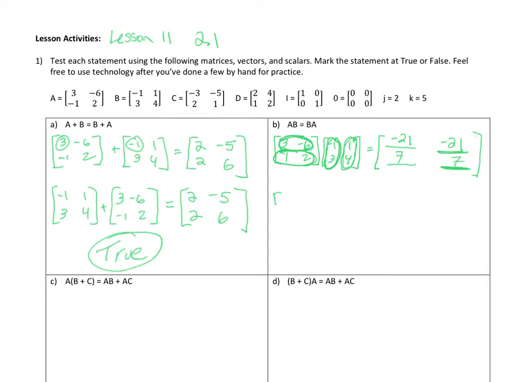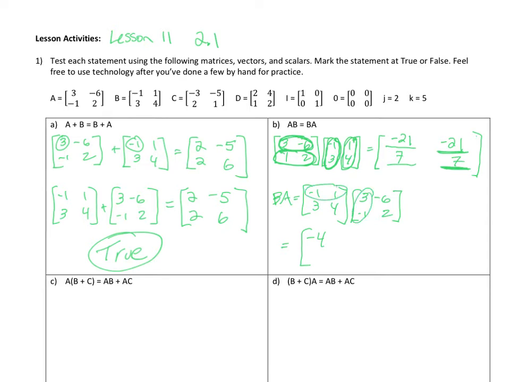Now we're going to do B times A. I'll do it a little bit faster this time. So B times A, so -3 plus -1 is -4. Row times column.